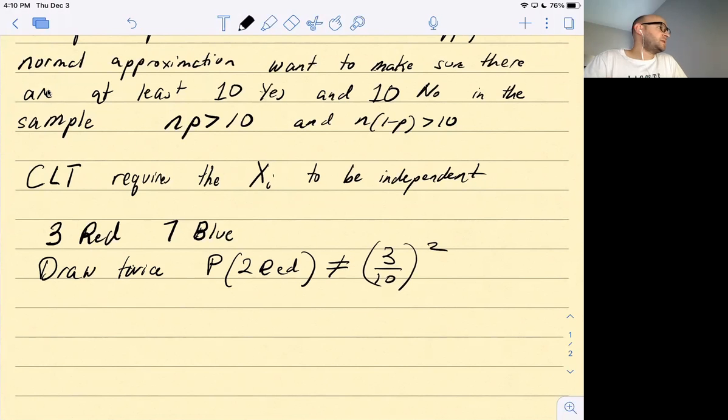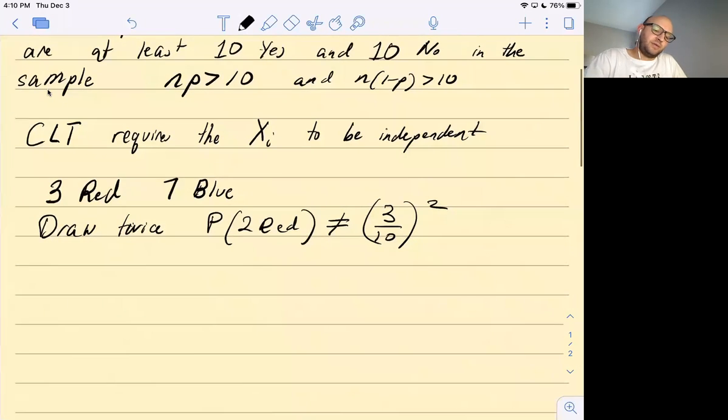What is this actually equal to? 3 out of 10 times 2 out of 9. Exactly. So it's not exactly correct, but it's close as the population increases, right? Yeah.